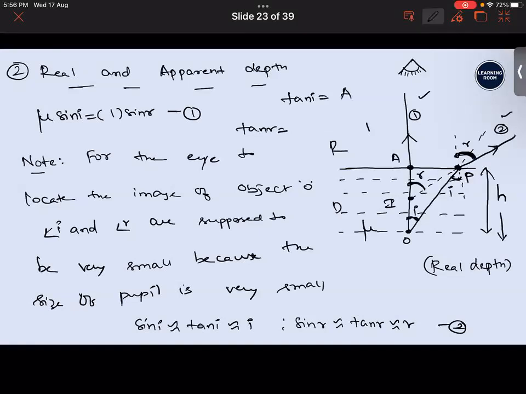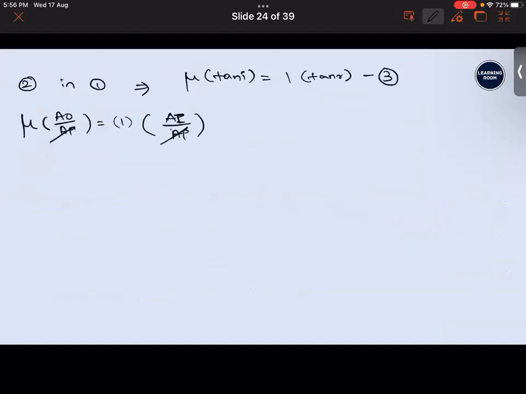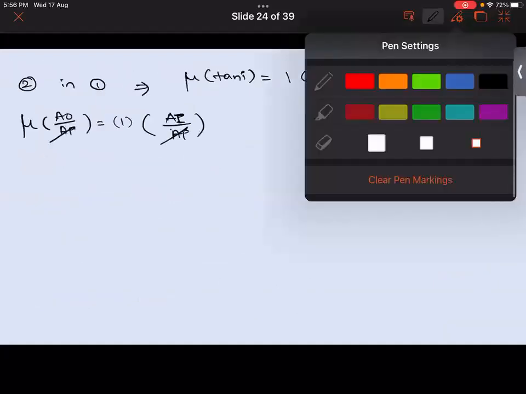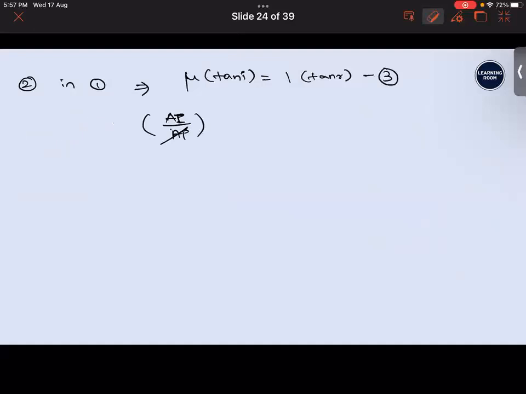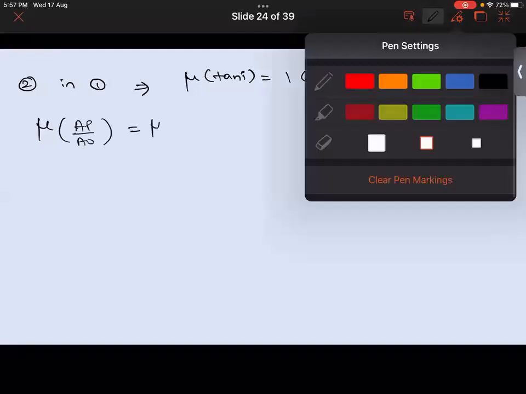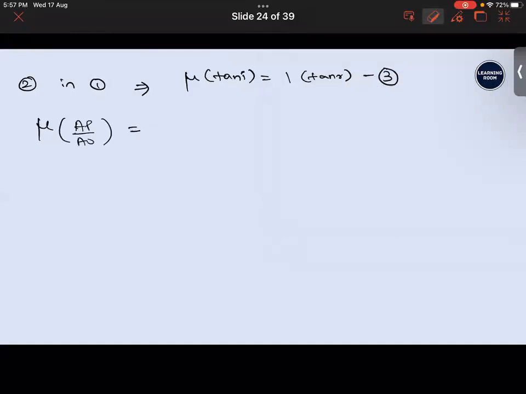So it is AP divided by AO, and here it will be AP divided by AI. So mu into AP divided by AO is equal to 1 into AP divided by AI.